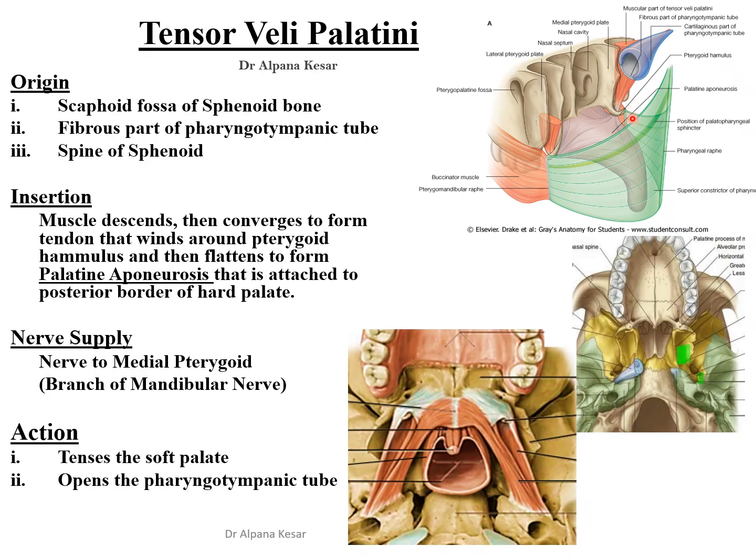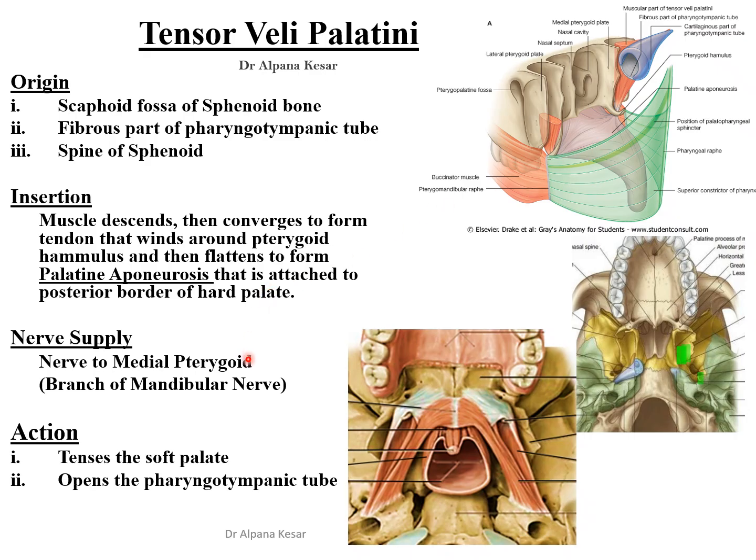This tendon hooks around the pterygoid hamulus and then it expands to form the palatine aponeurosis. This palatine aponeurosis is attached to the posterior margins of the hard palate. Palatine aponeurosis acts like the skeleton of soft palate as all the rest of the muscles of soft palate are attached to palatine aponeurosis.